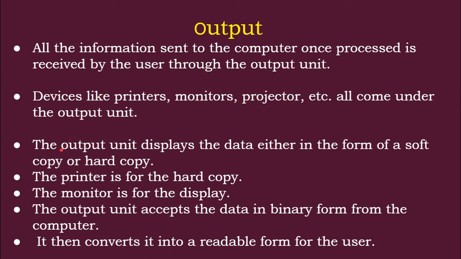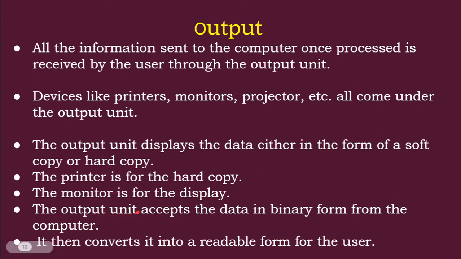The output unit displays the data either in the form of a soft copy or a hard copy. So either you can get the printout of the information or you can get the soft copy on the screen itself. The printer is the example of hard copy and the monitor is the device for displaying the soft copy.